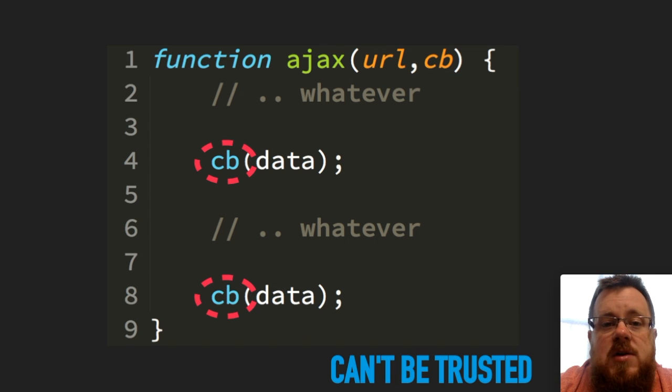The calling code is expecting that callback to only be invoked once. There's an unspoken, unwritten contract between them that the callback will be called exactly one time, not too early, not too late, that sort of thing. But really, there's no enforcement of that contract whatsoever. And so what I'm getting at here is that you can't really trust a callback-based system.